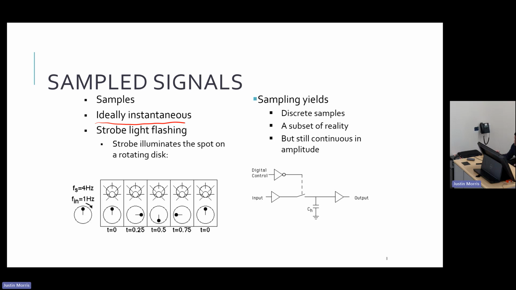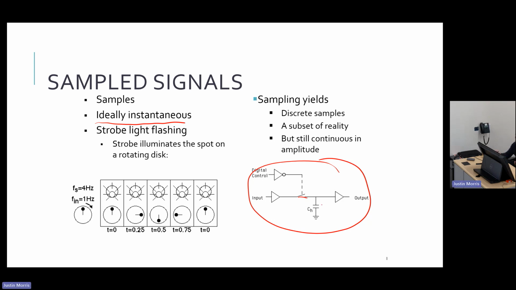And this is what our sample and hold circuit looks like. You sample by connecting the input, which is the signal that we want to sample, to this simple sample and hold circuit.